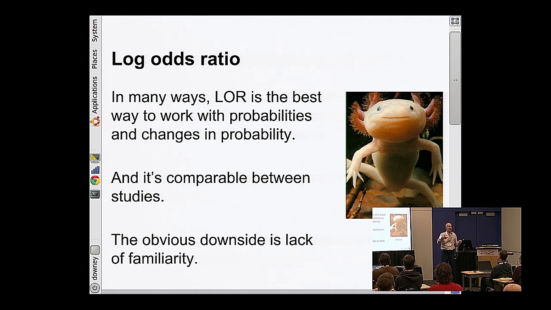If you are estimating a quantity and you put confidence intervals around it, in log odds scale, it will be a symmetric confidence interval where the estimate is in the middle and the endpoints are symmetric around it. So the log odds has lots of nice mathematical properties. The drawback is it's kind of like this axolotl. Nobody knows what it is. It's cute though, but unfamiliar.